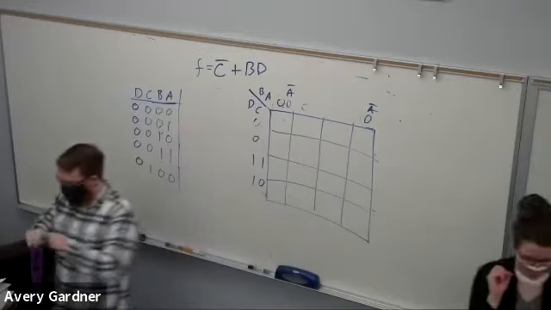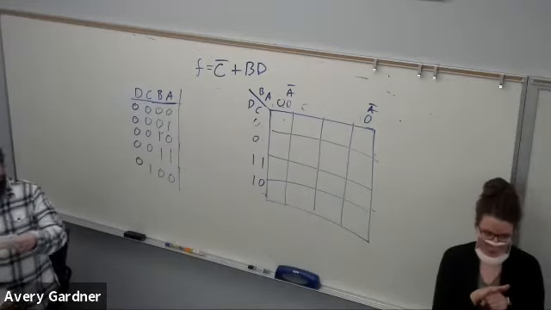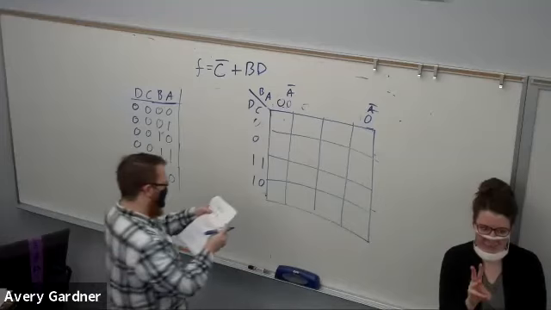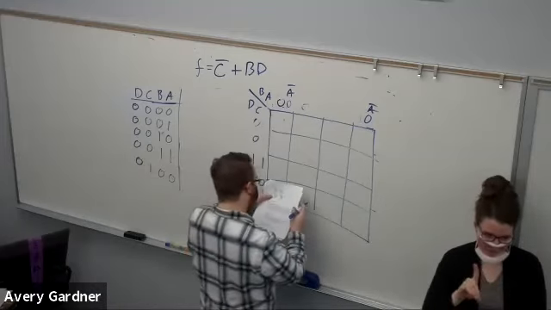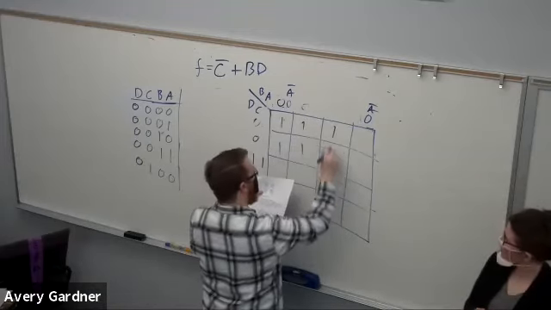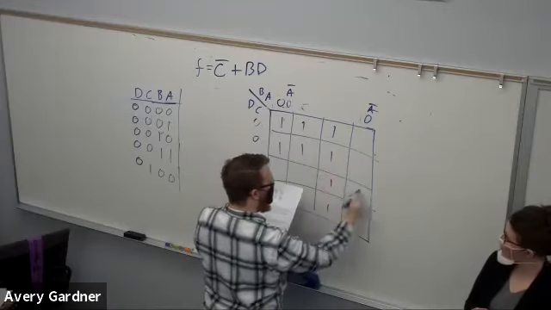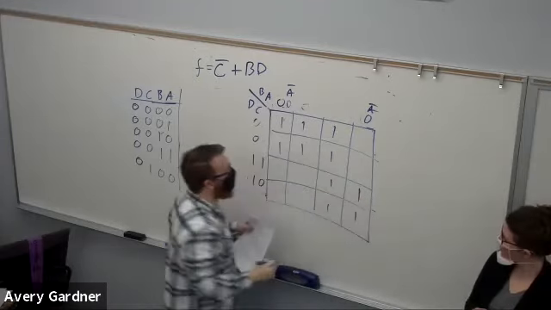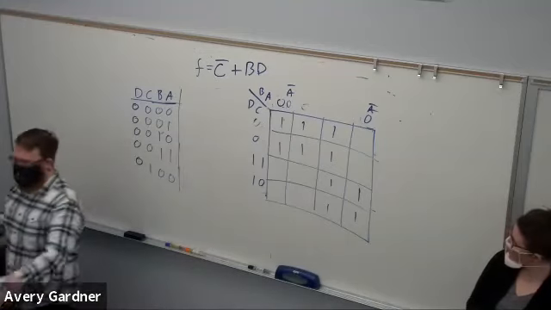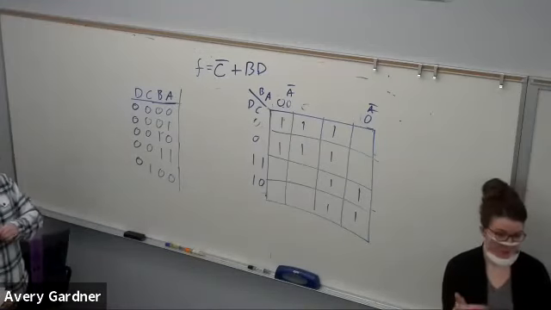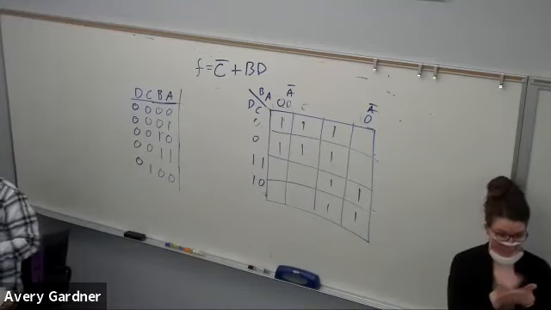Okay, I promised you an example to highlight. Don't do 6 together because it's not valid. Okay, go ahead and start doodling in your implicants.